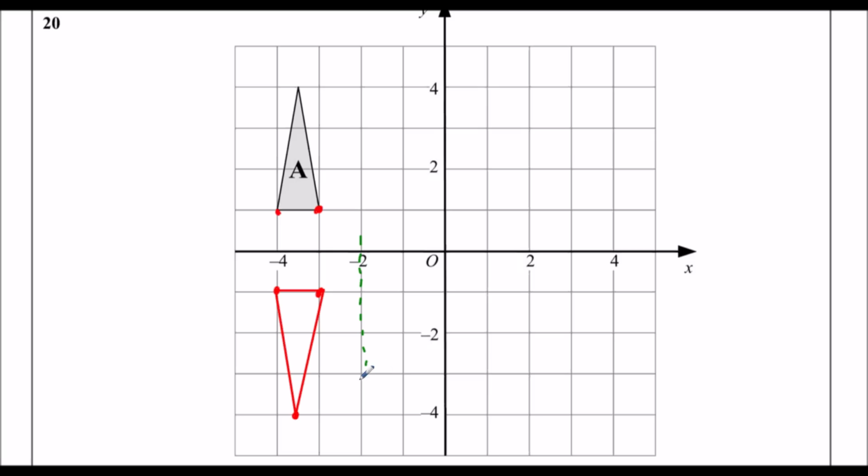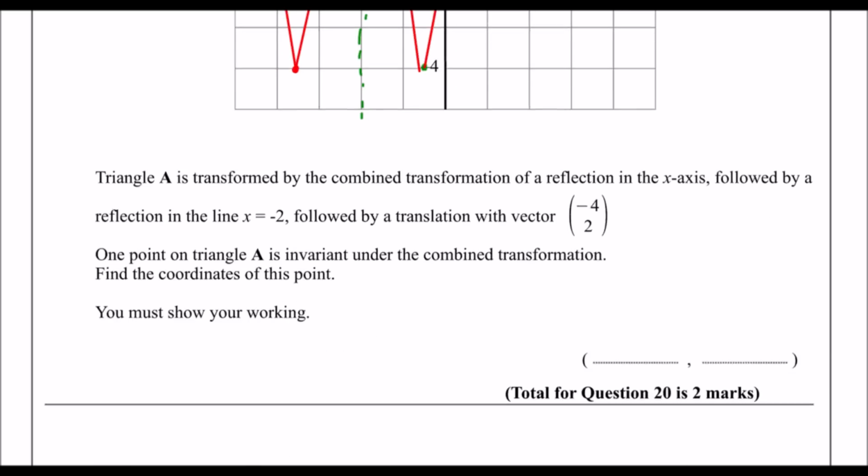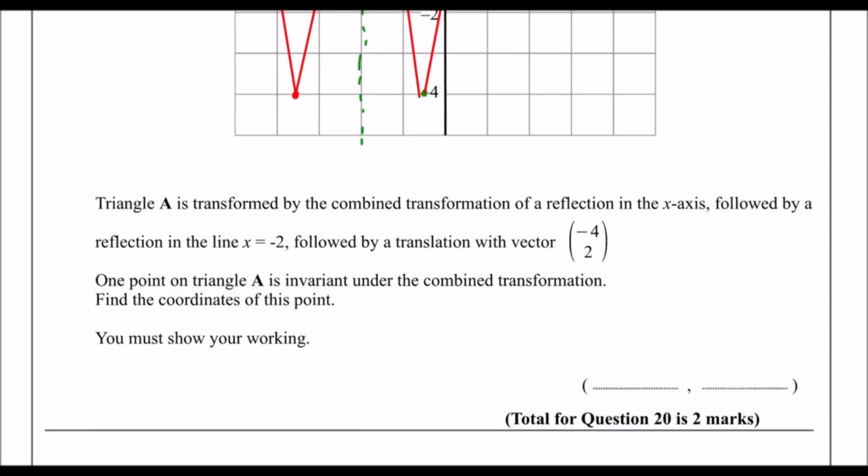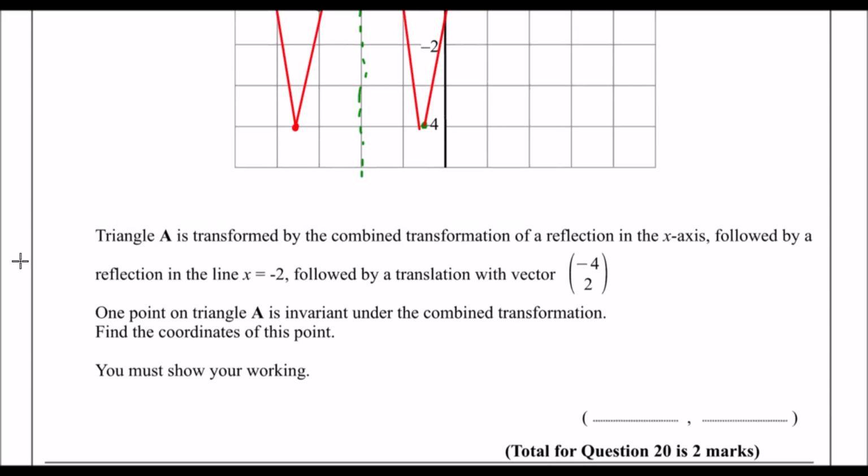So we have one away on the other side. 1, 2, 1, 2, 1.5, 1.5. Followed by a translation with vector -4, 2.